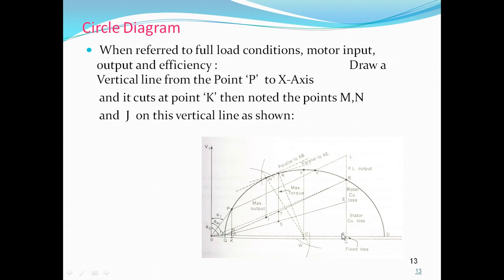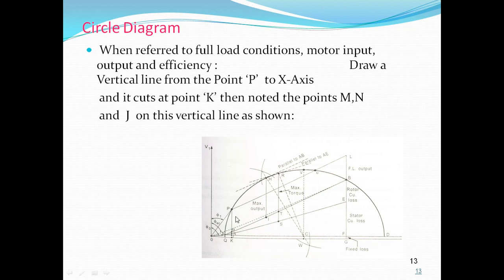JK is equal to FG, that is fixed losses, and MN represents the rotor copper losses, and NJ represents the stator copper losses. The angle VOP represents the angle phi 1.